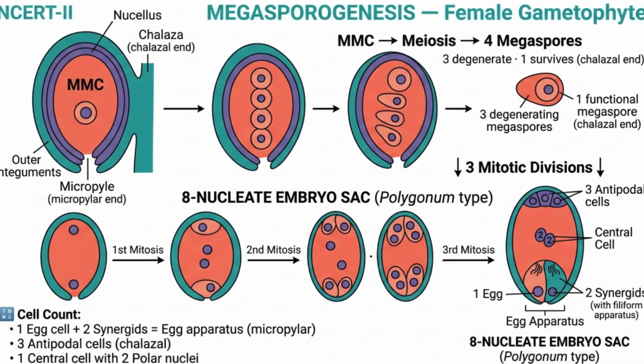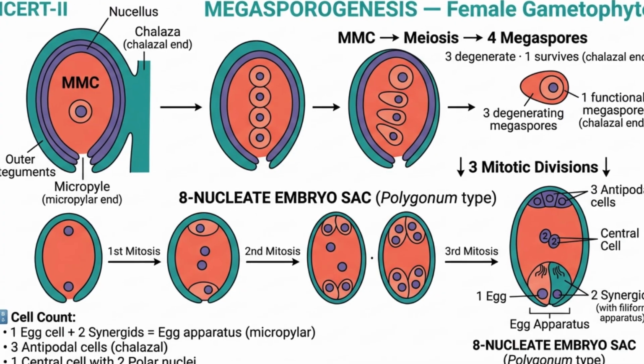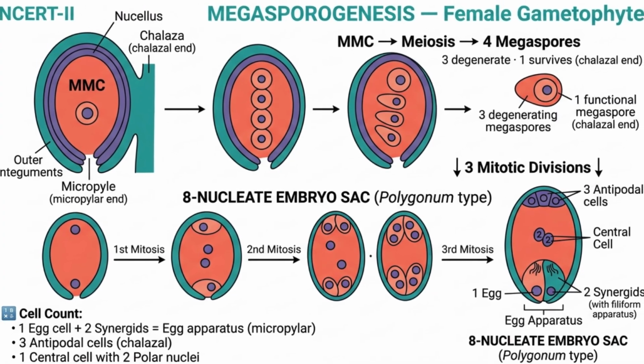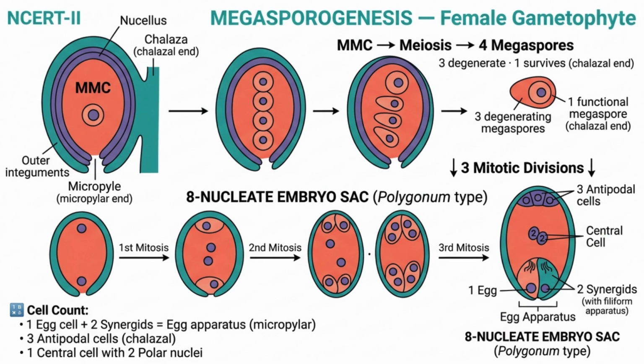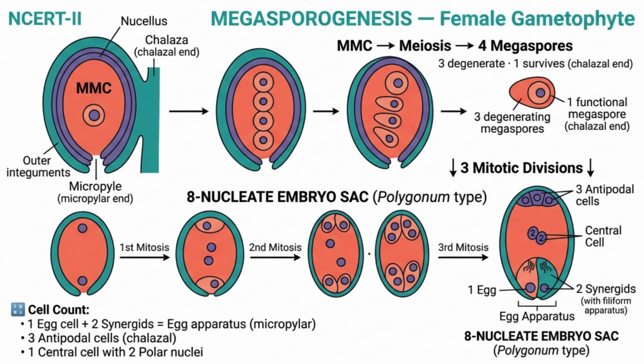Now for the female side. Inside the ovule, the megaspore mother cell divides by meiosis to give 4 megaspores. 3 degenerate. Only the one at the chalazal end survives. This one functional megaspore divides mitotically 3 times, creating an 8-nucleate structure. This is the embryo sac, also called the female gametophyte.